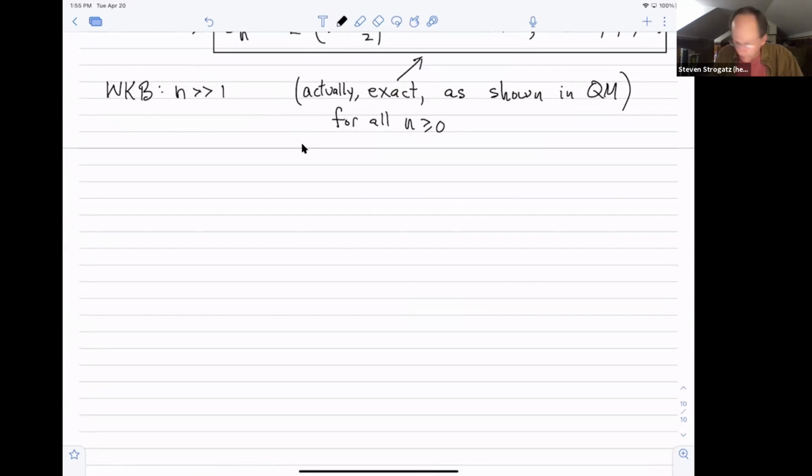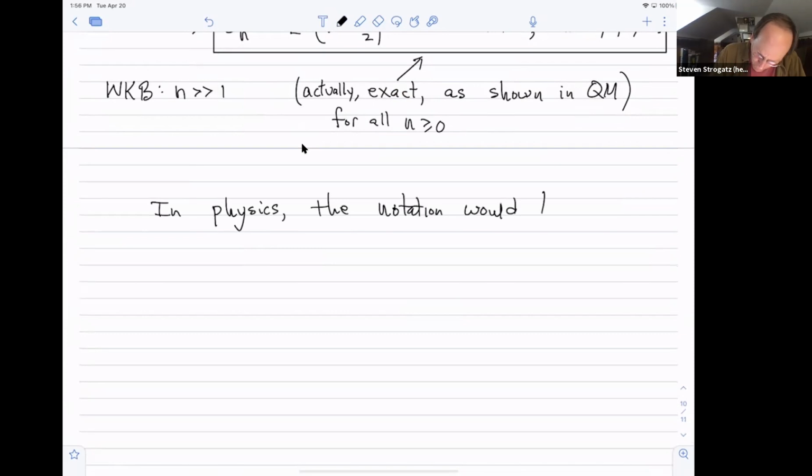Now, if you do take a quantum course and you want to compare it to what we're doing here, this is what the notation would be there. In physics, the way it's usually written, the notation would be this, that you have minus Planck's constant divided by 2 pi, so that's called h bar, squared over 2m.